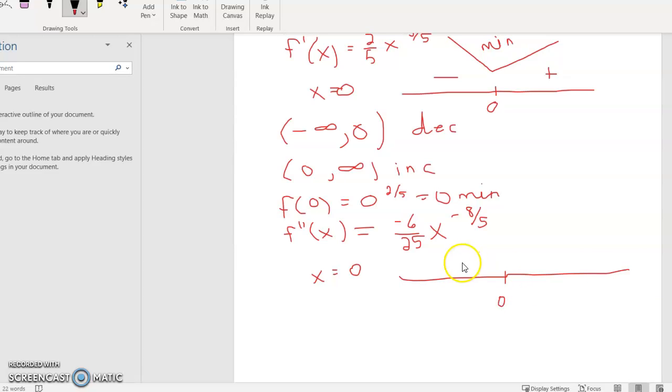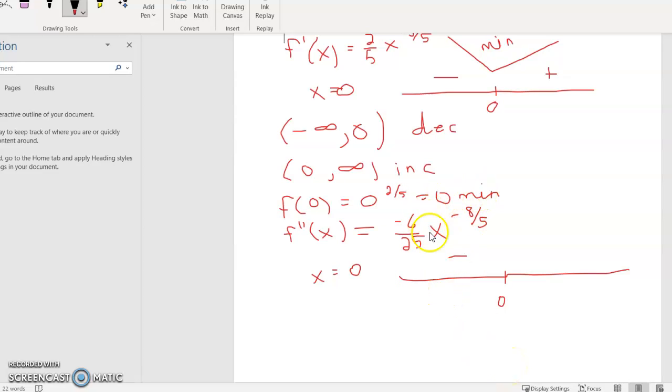If we choose something to the left of 0, let's say negative 1, well, because of this 8th power here, remember the negative would only stick this in the denominator. Negative 1 to the negative 8 over 5 is going to end up being positive. And then we multiply it times this negative out front, it's going to give us a negative.